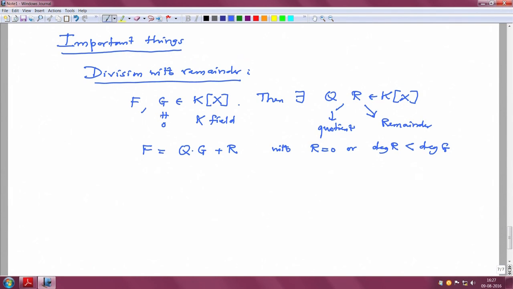Also degree g makes sense because our assumption is g is non-zero. And now from this division with remainder we can go on to define what is the Euclidean algorithm.